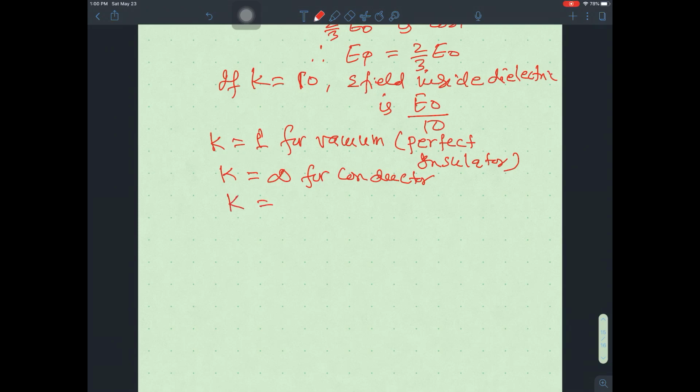K for water is approximately 80, and K is nearly 35 for paper.